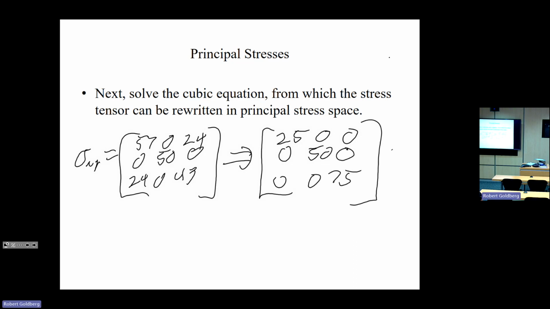So these two states of stress are identical. They reflect the exact same load applied to the structure. The only thing we changed is the frame of reference to which we referred it. Okay.